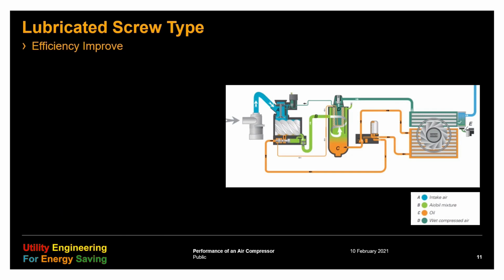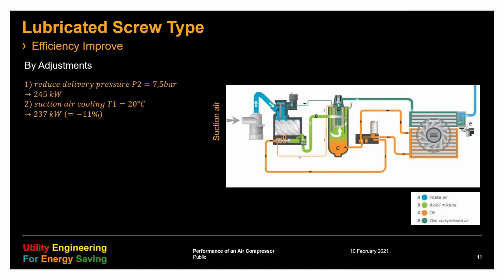We place now the same question as per the centrifugal one. What can we change to increase efficiency? By reducing the delivery pressure of 1 bar, we can save also something about 7%. And since the cooling is by air, we can make the air colder, dropping from 30 to 20 degrees by using an exchanger up front. Both together may achieve a saving of 11%.